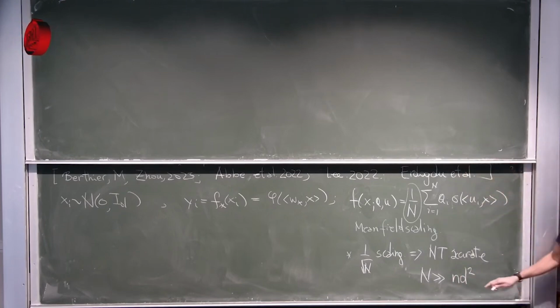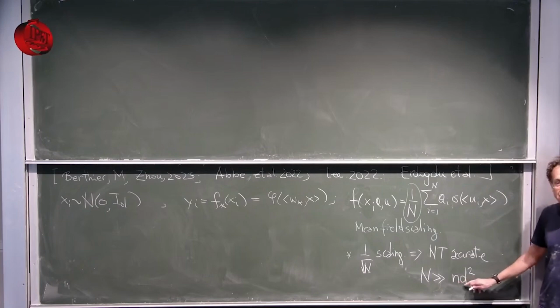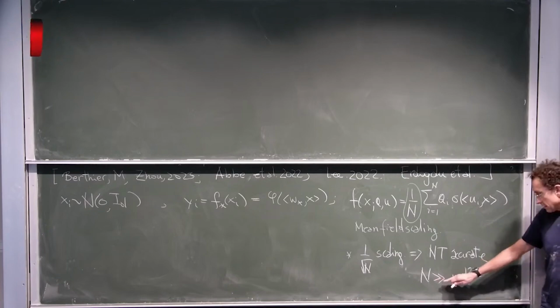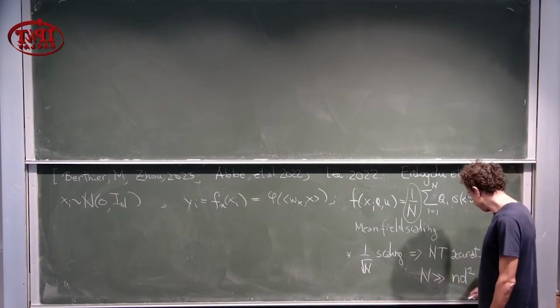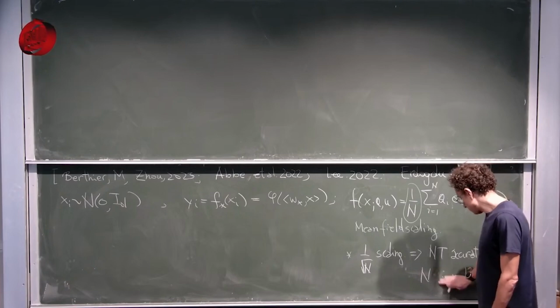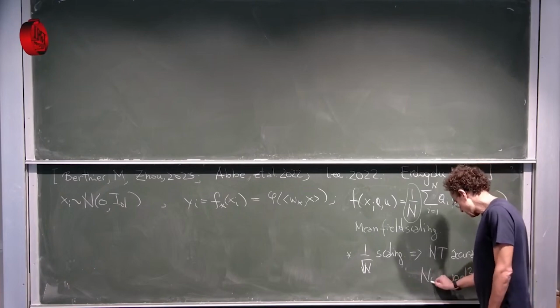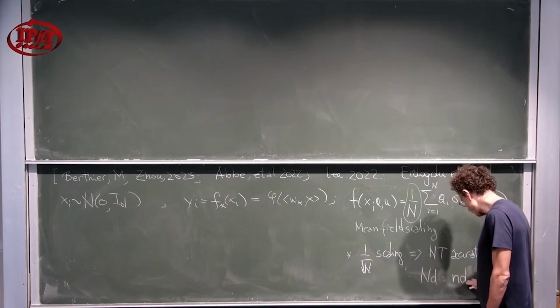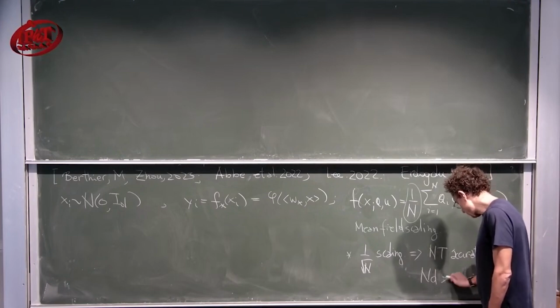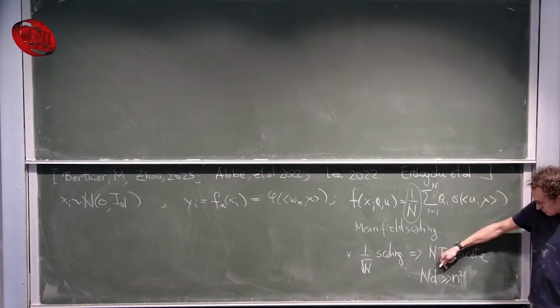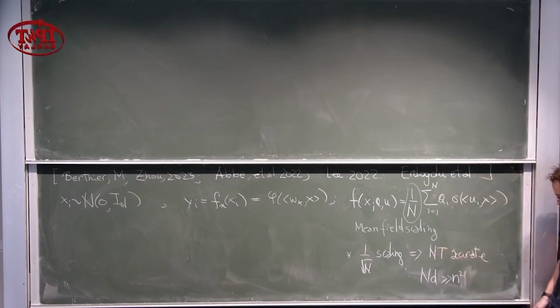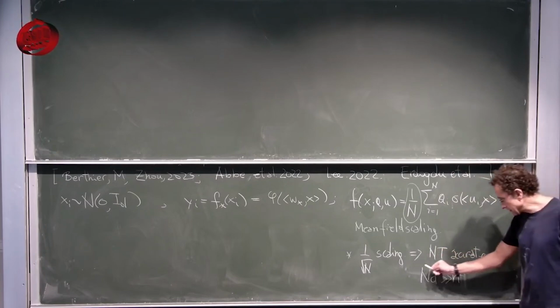This is the best result. I don't remember whether it's n squared d or n squared, in case it's not the optimal thing. So the number of parameters is much bigger than the sample size squared. This is the condition.